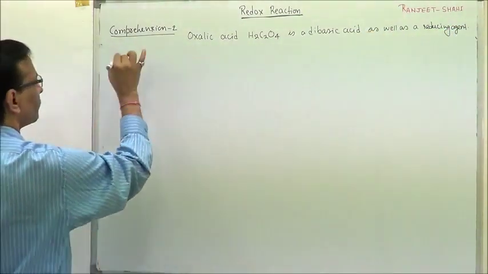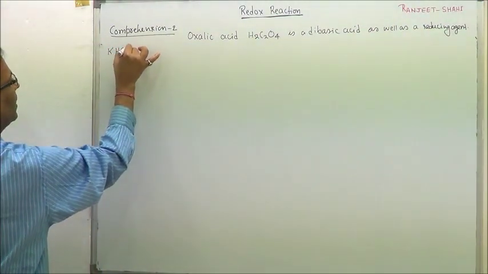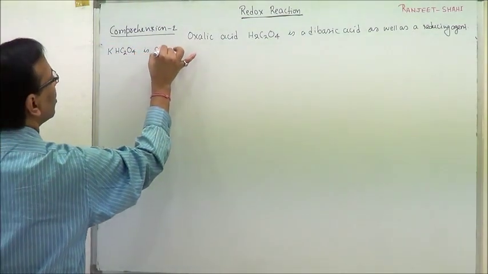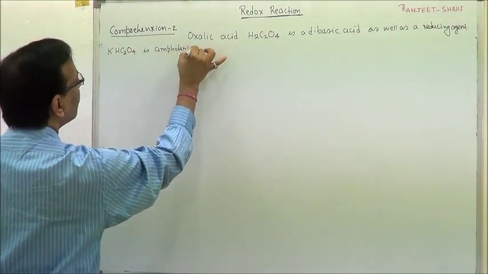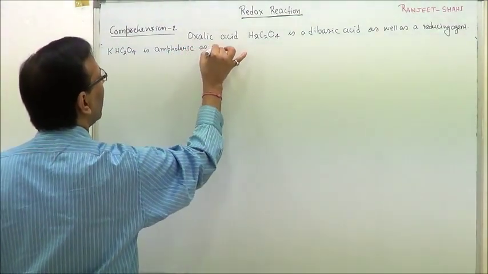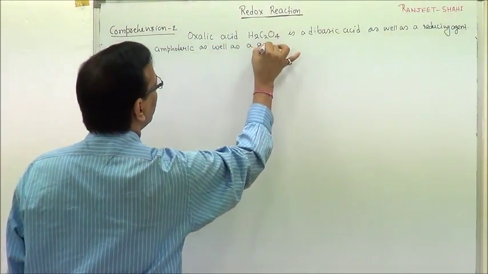Whereas potassium hydrogen oxalate is amphoteric as well as a good reducing agent.